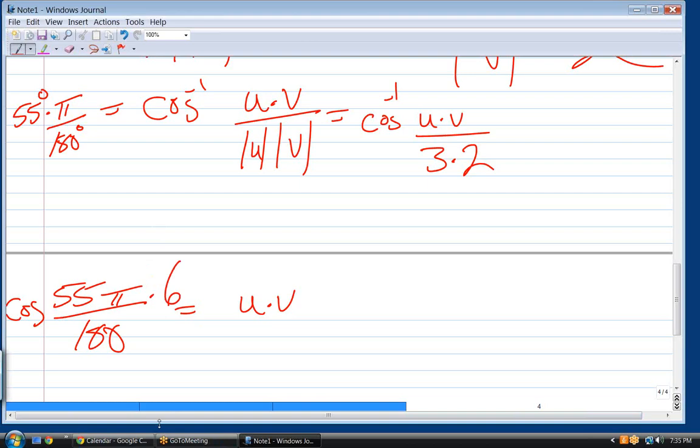Now, let me just check here. The angle between u and v is the angle theta between 0 and pi, or between 0 and 180.